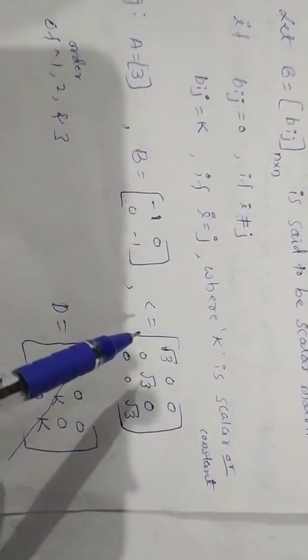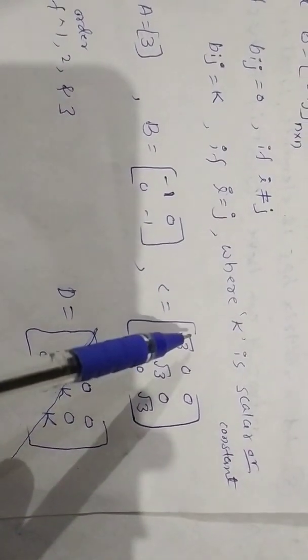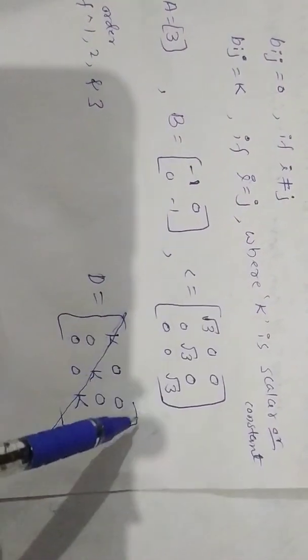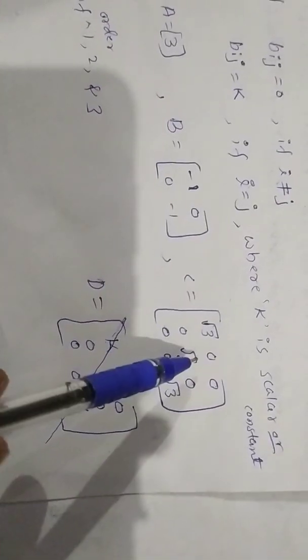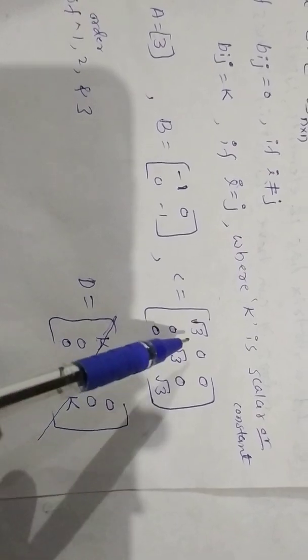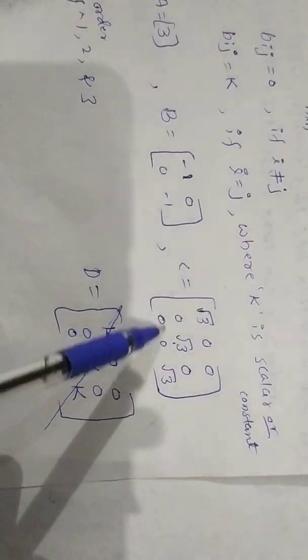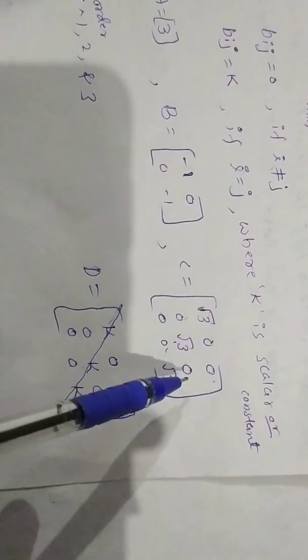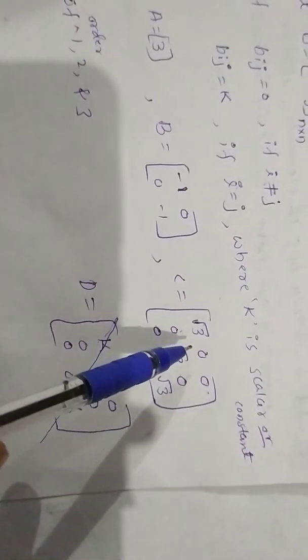Let us take matrix C. See here, all the elements on the principal diagonal are the same: root 3, root 3, root 3. They are constant. Hence the name scalar matrix. Scalar means constant. And the rest of the elements are 0, according to the definition of the scalar matrix.